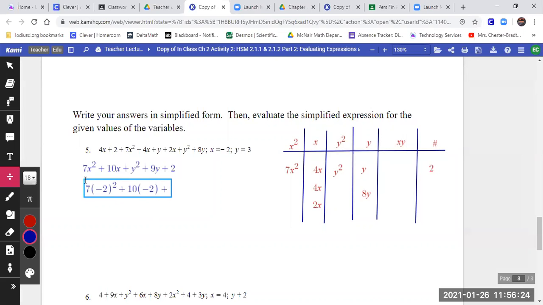What am I going to put in for the y? What did it tell us? What does it say the y is worth?